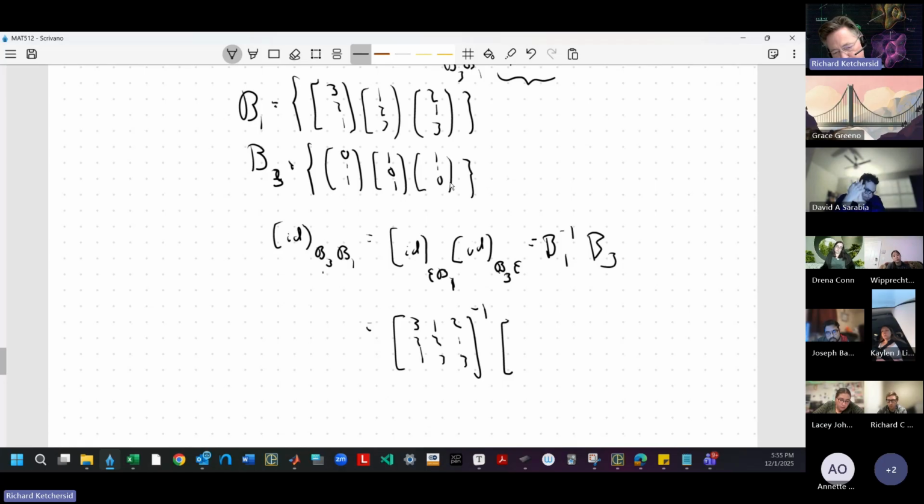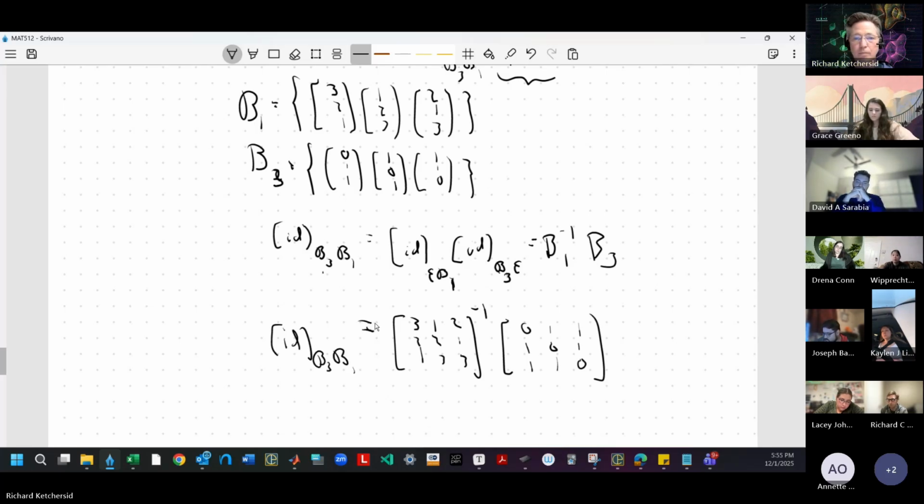And then B3 is just that: 0, 1, 1, 1, 0, 1, 1, 1, 0. Okay. So that is our identity map going from B3 to B1. So it may be useful to remember this as B1 inverse B3 for the purpose of the MATLAB thing, right?